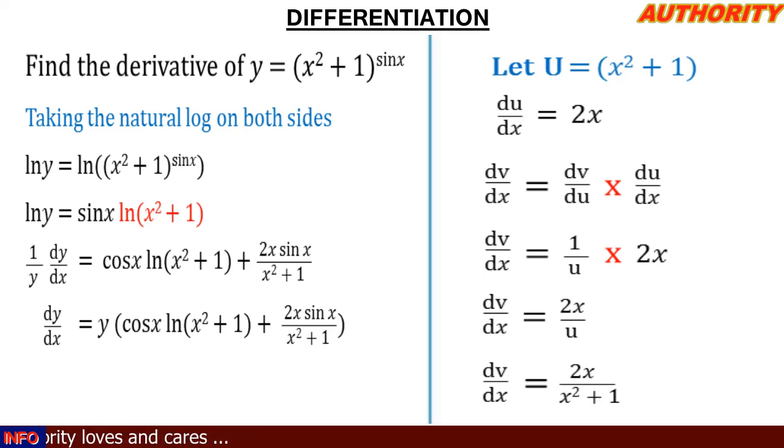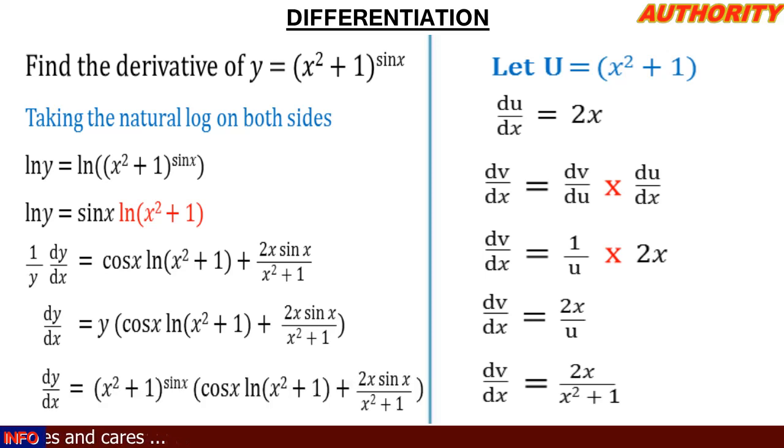But you recall that from the beginning, y is (x squared plus 1) raised to the power sine x. Let's bring it back. So dy dx is equal to (x squared plus 1) raised to the power sine x, multiplied by (cos x ln (x squared plus 1) plus 2x sine x all over x squared plus 1). Yes, this is the derivative of the function.